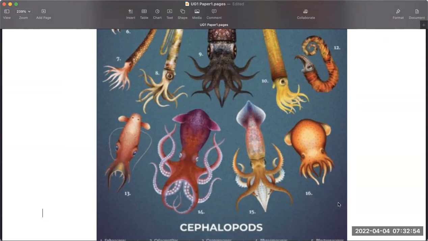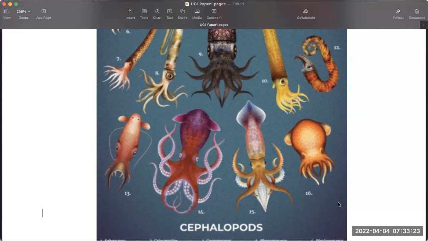Squid and octopus are common examples. These animals are marine and free swimming. Body is bilaterally symmetrical with head and trunk. Body is elongated dorso-ventrally in direction.